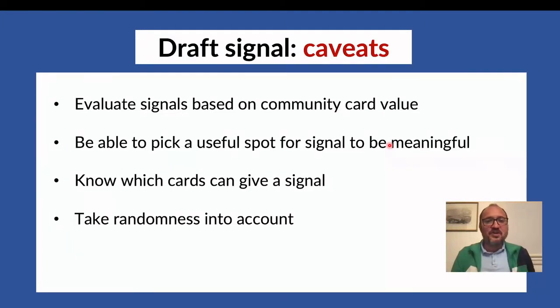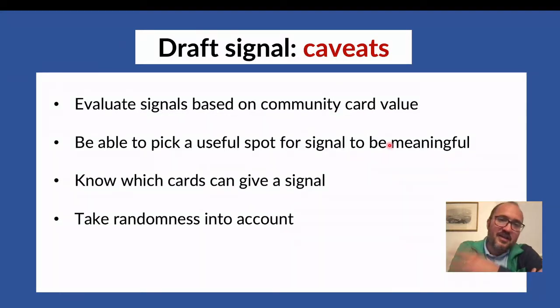So basically, we're trying to look at what to look at when you're evaluating data signals, and give you a universal skill that you can transfer to the next expansion that will come, rather than focus on Strixhaven. Although I'm going to give examples with Strixhaven because they're just easier like that. And then this is, I think, the most important caveat, the conclusion I came to from looking at this data: you should know which cards can give a signal.